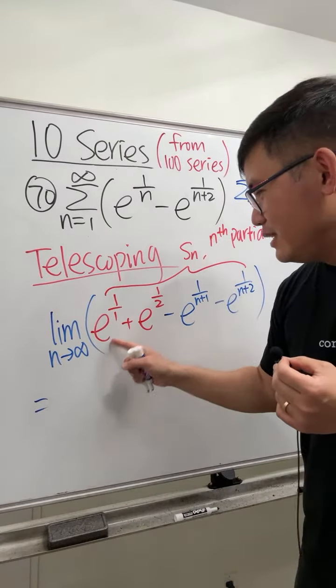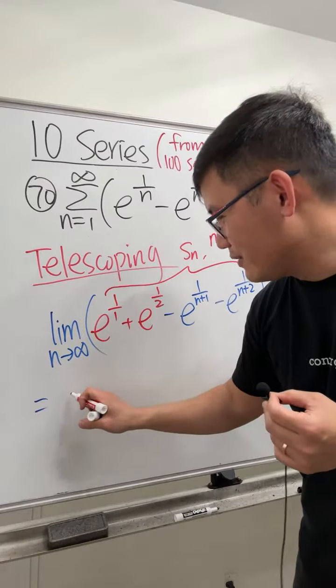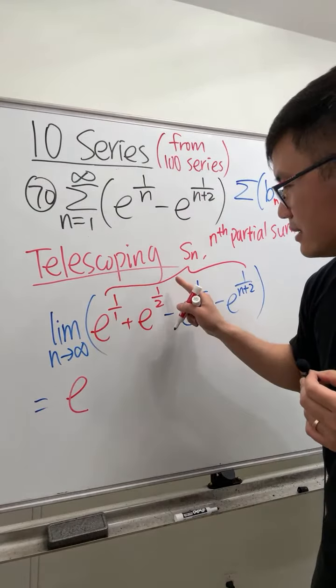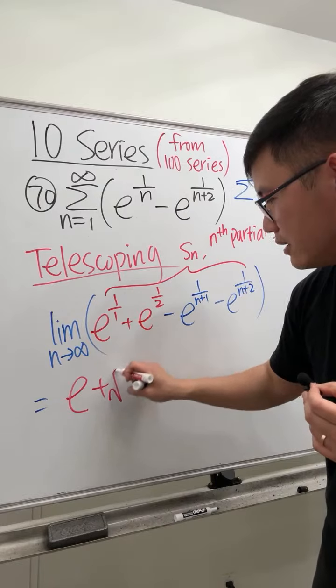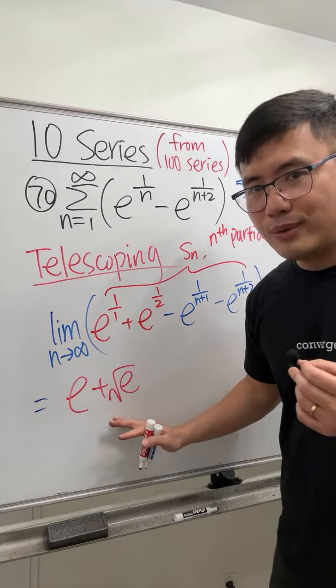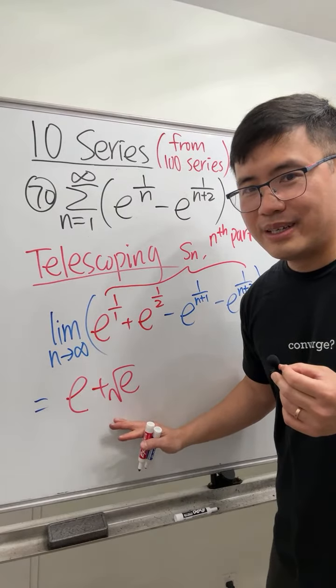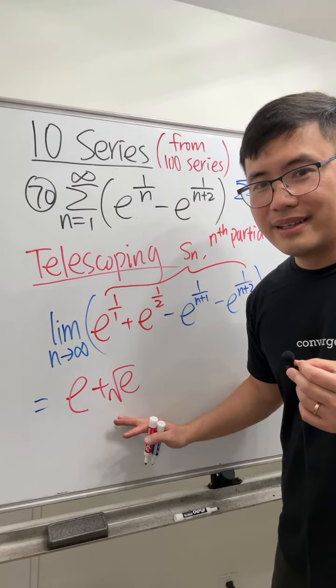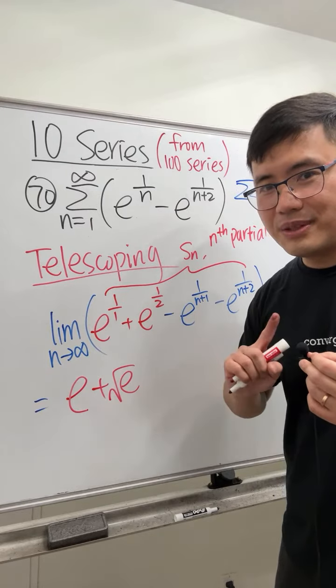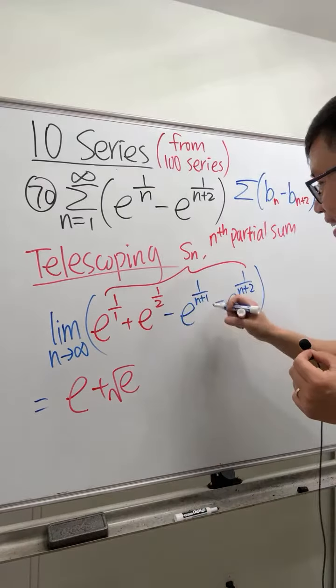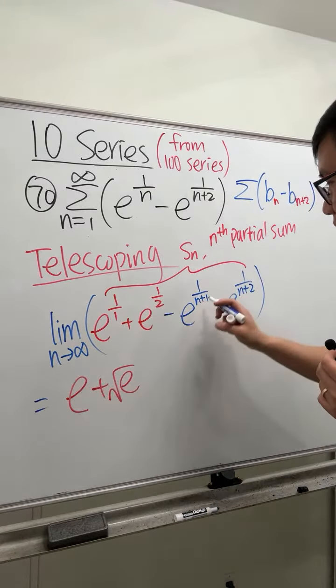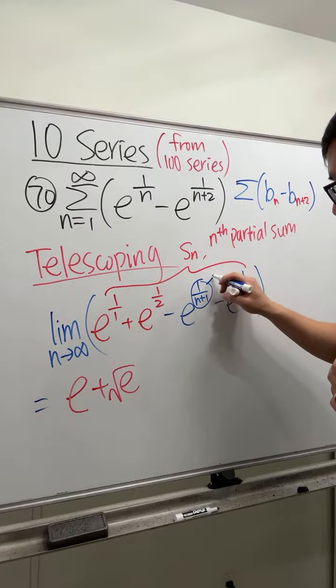Okay, e to the first, I think you guys got it. E to the first is just e. E to the 1/2 is just square root of e. Are we done though? No, minus 2, correct. Because as n goes to infinity, this term goes to 0.